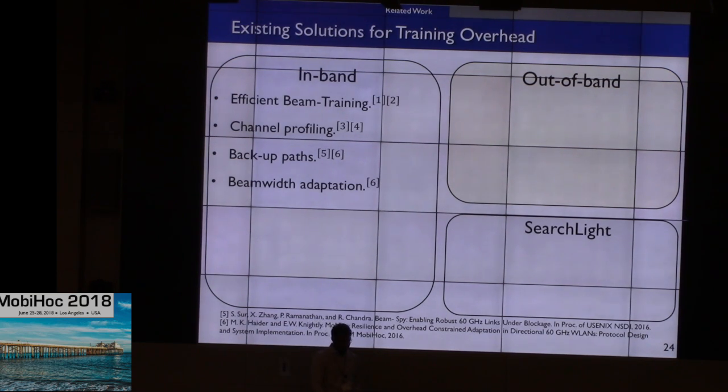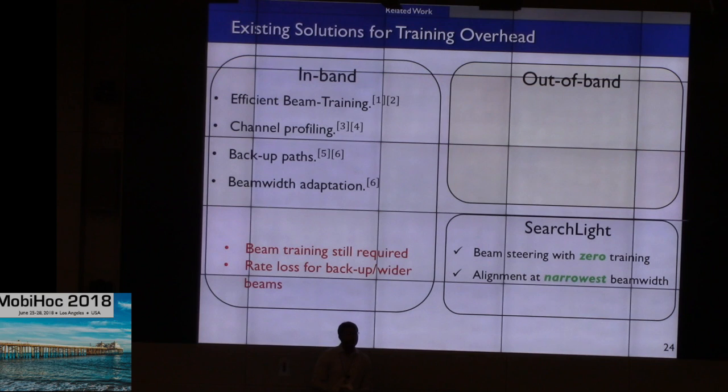However, the key challenge is that even though these strategies reduce the training overhead, we still have to spend some time within the 60 GHz channel to train for the link. Moreover, there is also a rate loss associated with switching to a backup path or a wider beam.